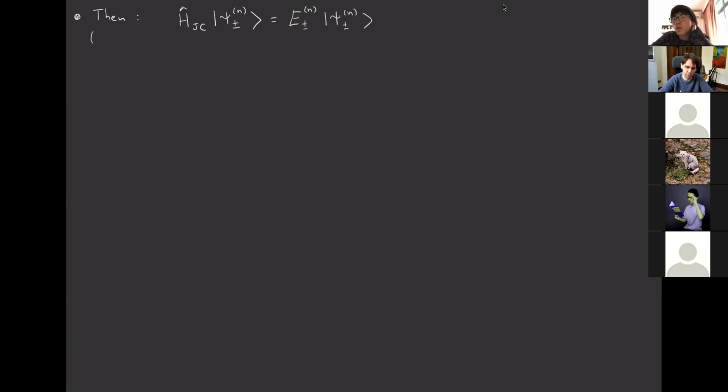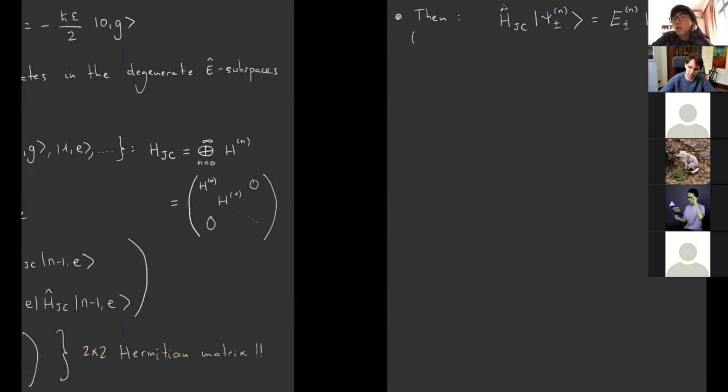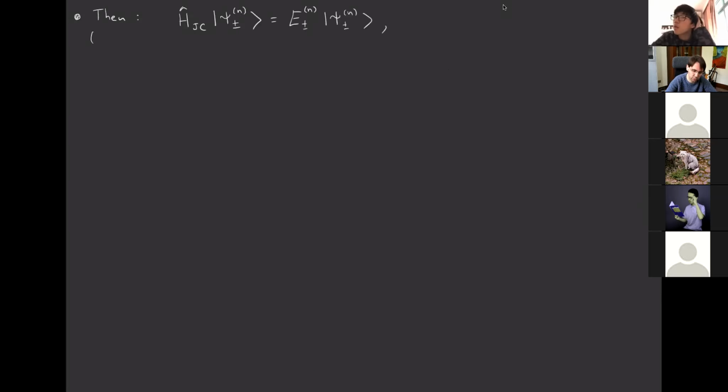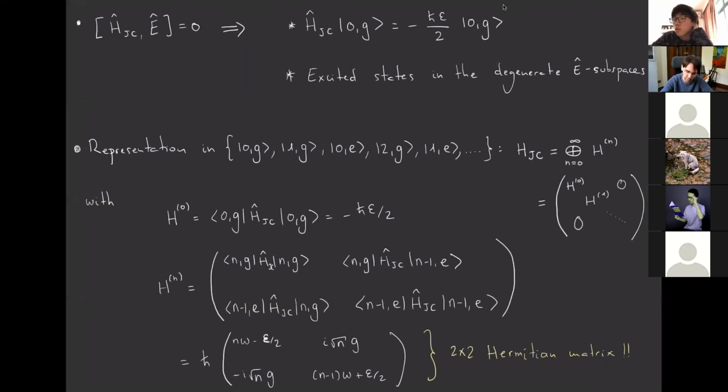So the eigenvectors. Then if you just diagonalize this matrix in here, you automatically get the following spectrum that I am going to show. Of course, here I am talking about n larger or equal than 1, because for n equals 0, we already know the eigenstate because we have a 1 by 1 matrix.